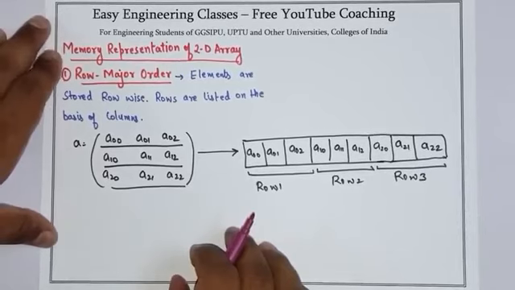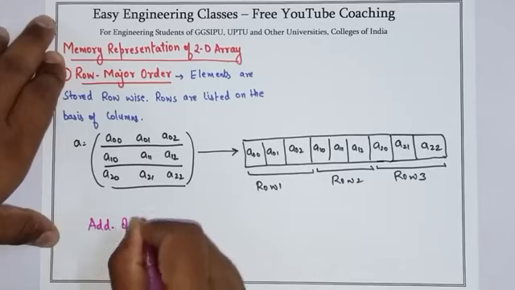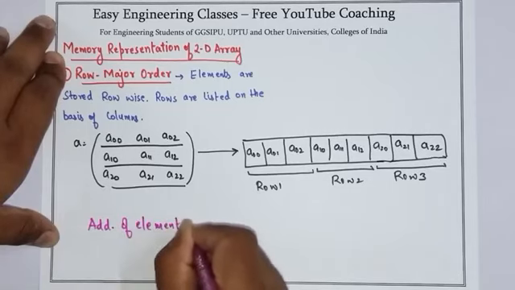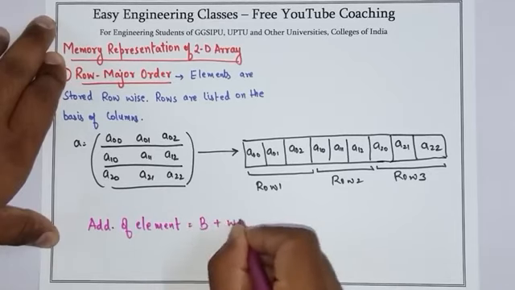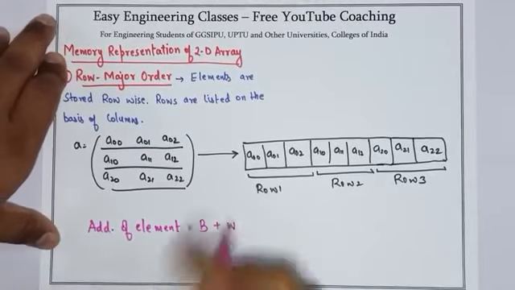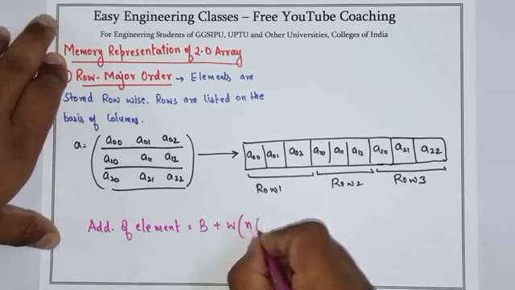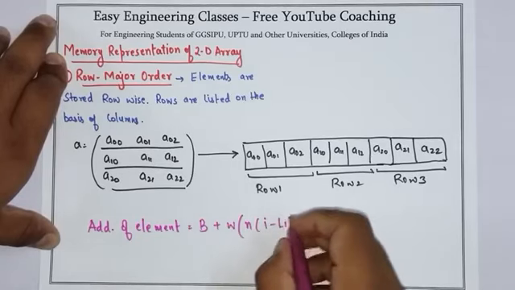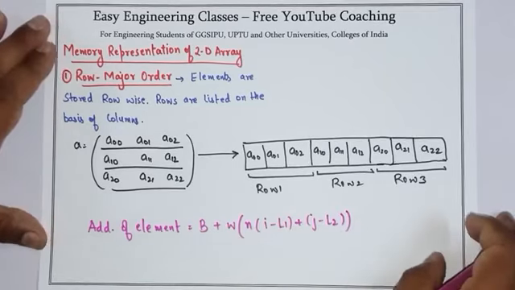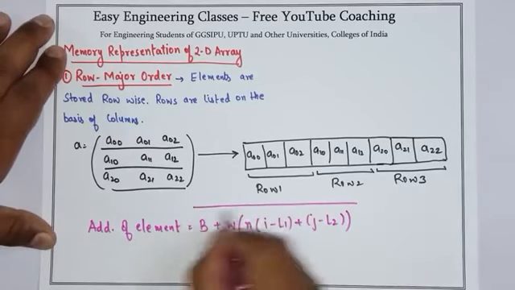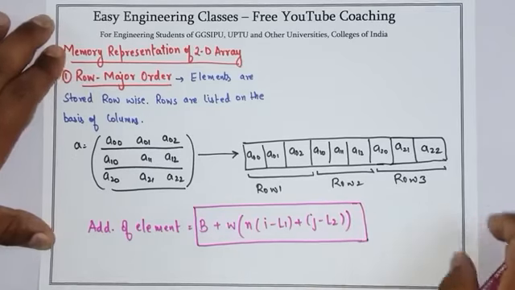The formula using row major order is: address of an element is equal to base address plus size of the element, into bracket n times (i minus L1) plus (j minus L2). This is the formula that is used to find the address of an element using row major order.